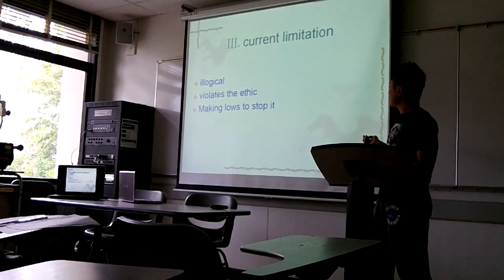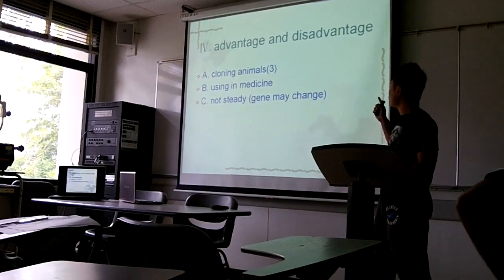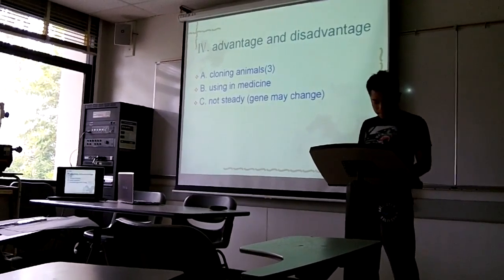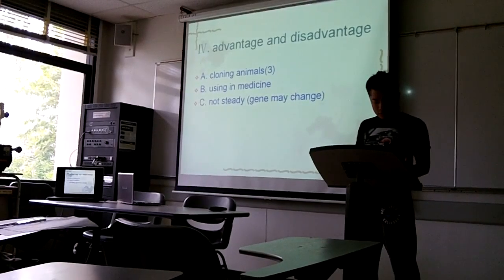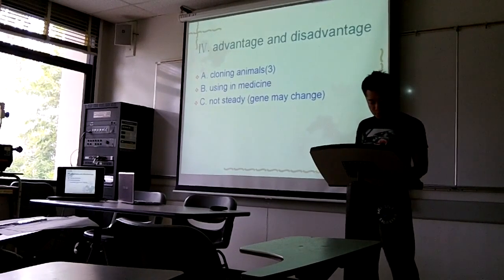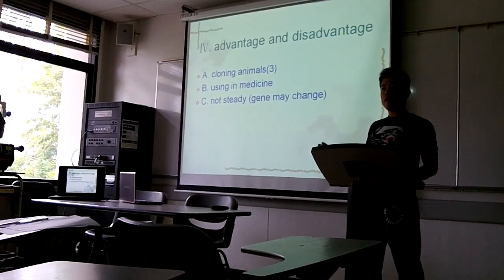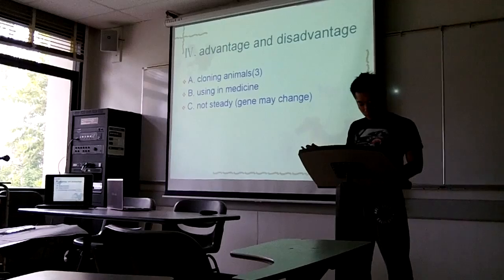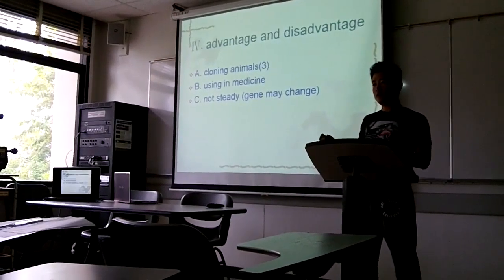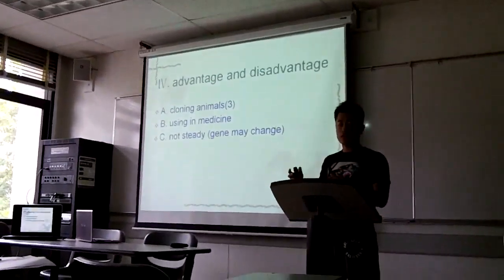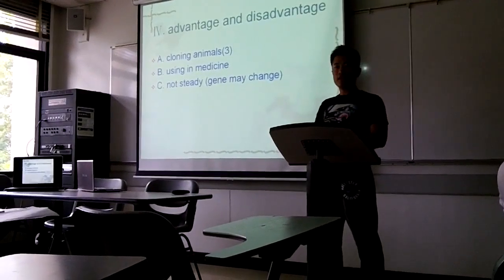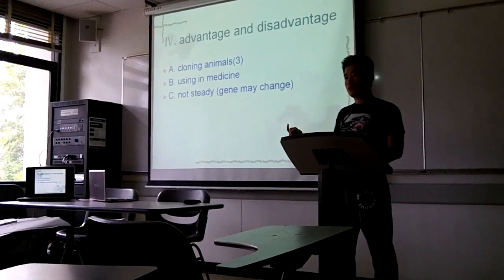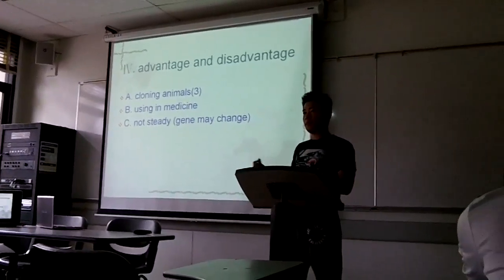Let's move to the next, advantage and disadvantage. The advantage is cloning animals. I found an example. One couple had an 11 year old dog, and then the dog died. The couple loved the dog very much, and they wanted the dog back.